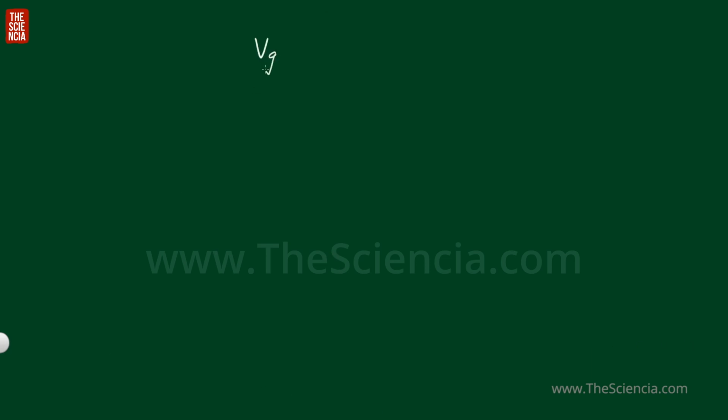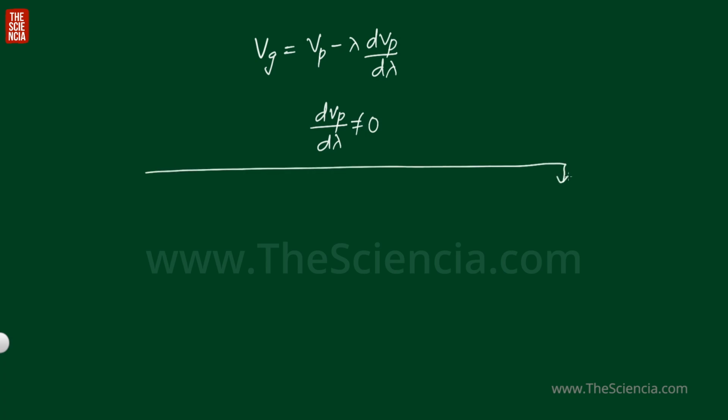So Vg is equal to Vp minus lambda dVp by d lambda. This is our dispersion relation. And in a dispersive medium, I told you dVp by d lambda will not be equal to 0. Not equal to 0 means maybe it is positive or it may be negative.